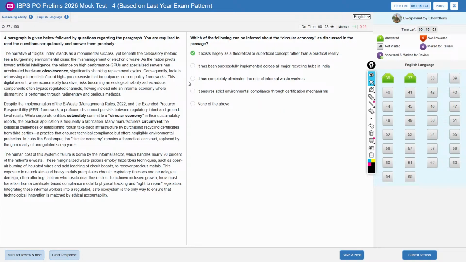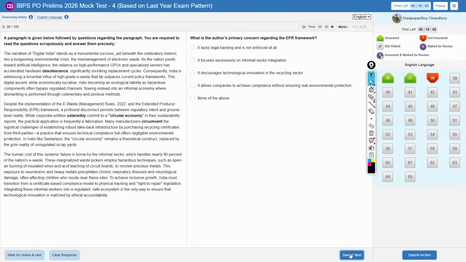Despite the implementation of the E-Waste Management Rules and the extended producer responsibility framework, a profound disconnect persists between regulatory intent and ground-level reality, while corporate entities ostensibly commit to a circular economy. What can be inferred? So, theoretical mainly.